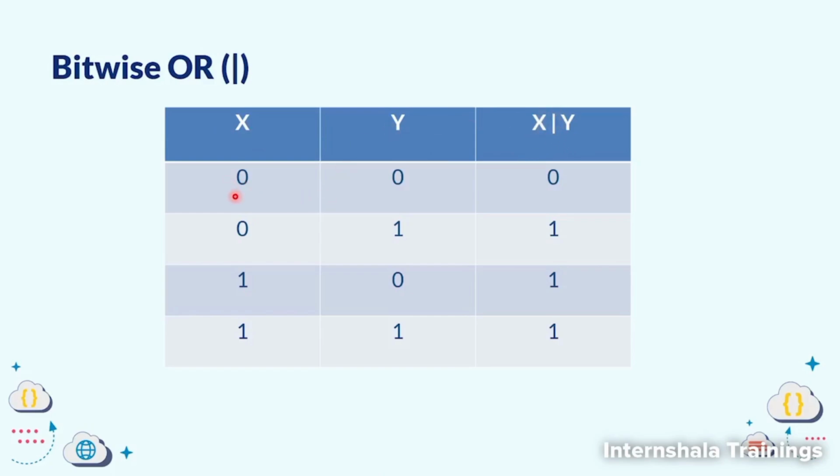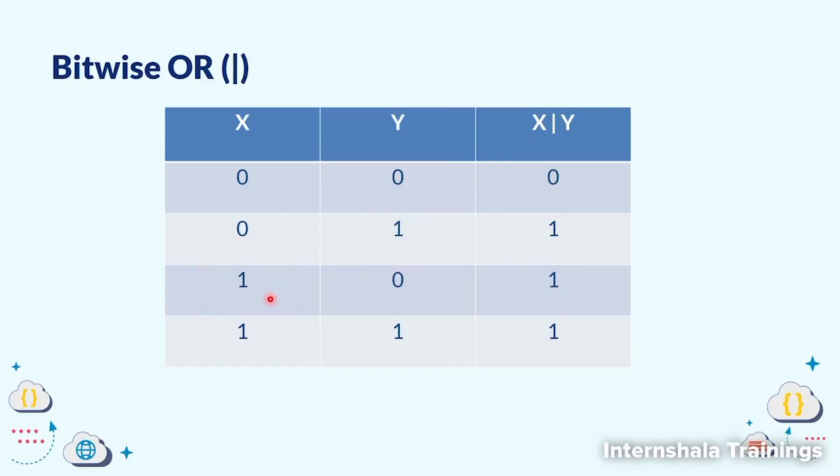So these are the four possible combinations of X and Y bits. Either both can be 0, or they can be 0, 1, or they can be 1, 0, or they can be 1, 1. Let's understand how the resultant bit is achieved. First, if both bits are 0, we are doing a bitwise OR operation, so the resultant bit is 0. If it is 0, 1, this means Y bit is 1, the resultant bit is 1.